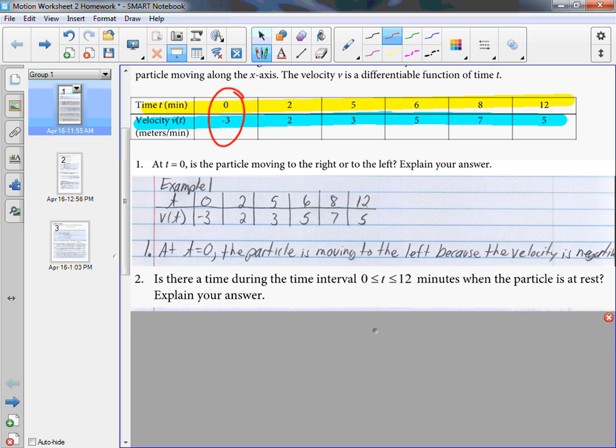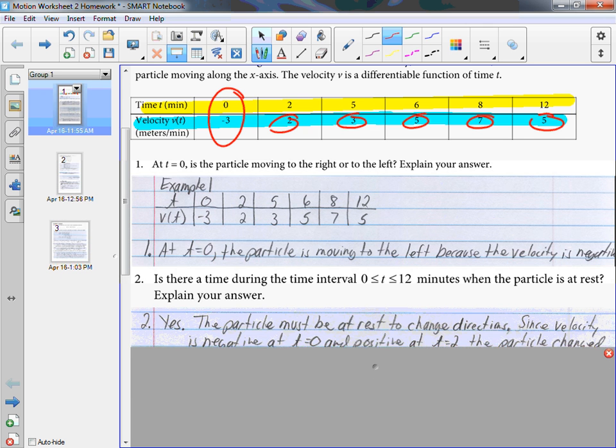Is there a time during the interval from 0 minutes to 12 minutes when the particle is at rest? I don't see any zero velocities. Yeah, if velocity is differentiable, we've decided that means it's continuous. If it's continuous, and it's negative sometimes and positive sometimes, it's got to cross zero.